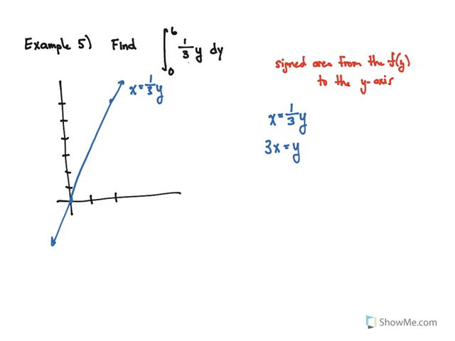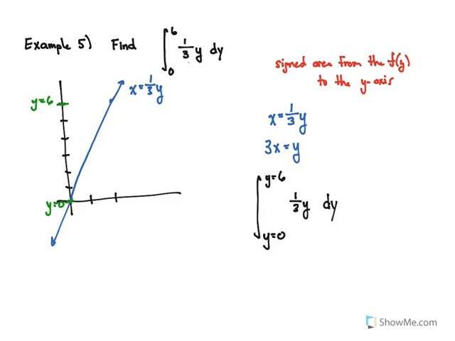Now when we're talking about this integral, since this is in terms of y, this is not x values that represent the bounds, but y values. And this corresponds to these y values here, a y value of 0, a y value of 6. That's the bounds of our integral.